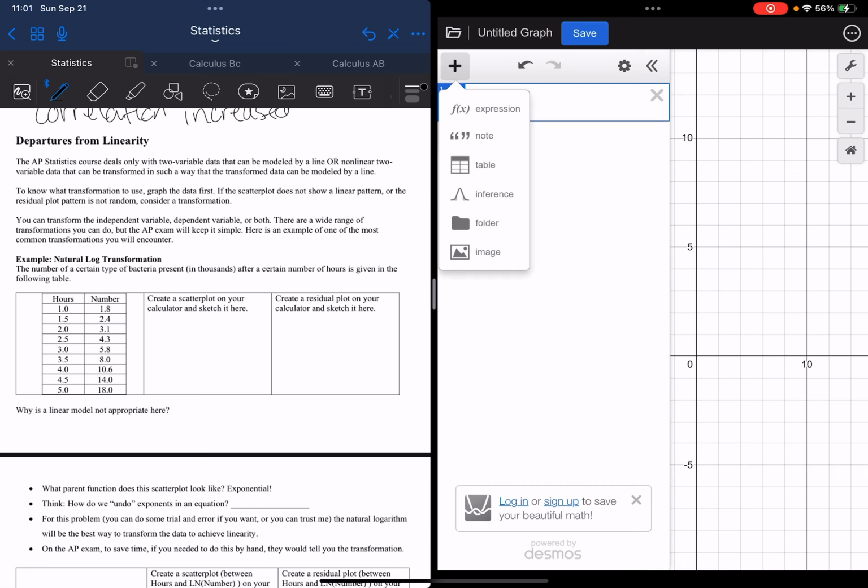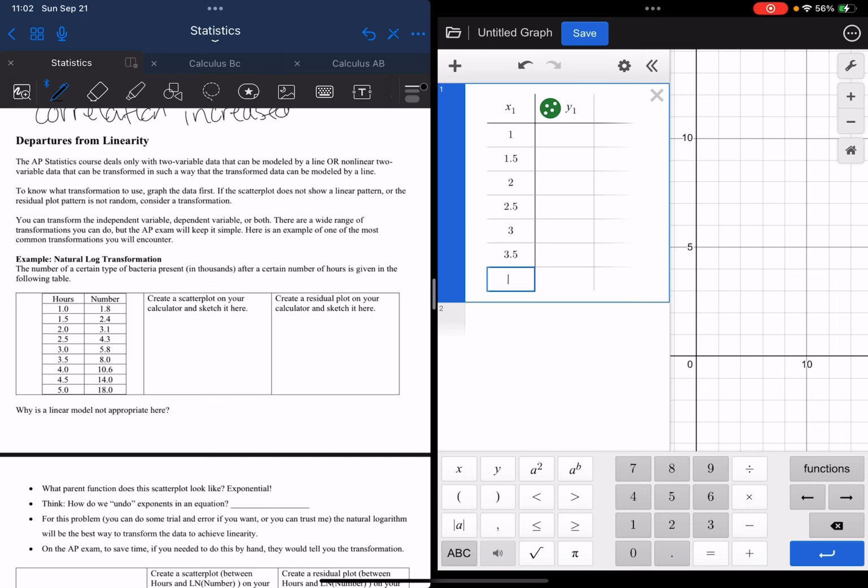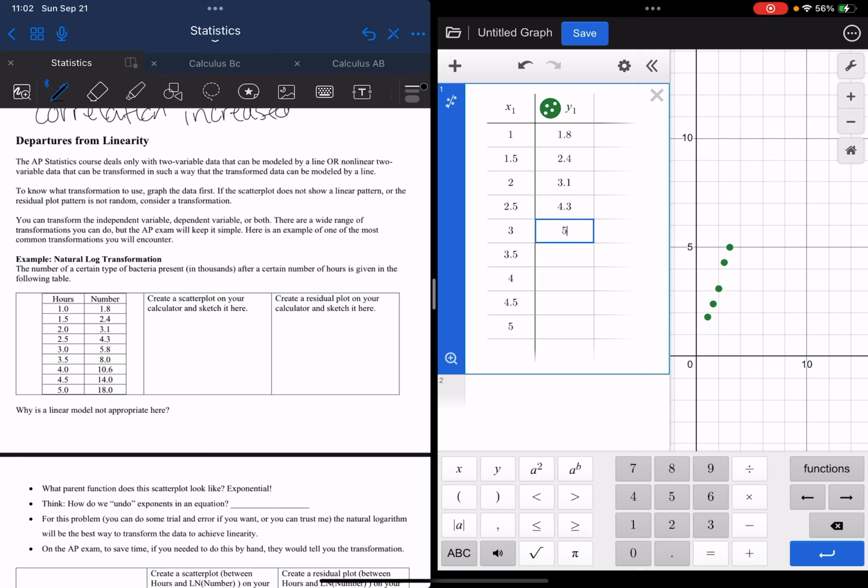Let me go ahead and just erase that. I'm adding a new table and I am going to type in all of my X and Y values. 3, 3.5, 4, 4.5, 5, and then my Y values 1.8, 2.4, 3.1, 4.3, 5.8, 8, 10.6, 14, and 18.